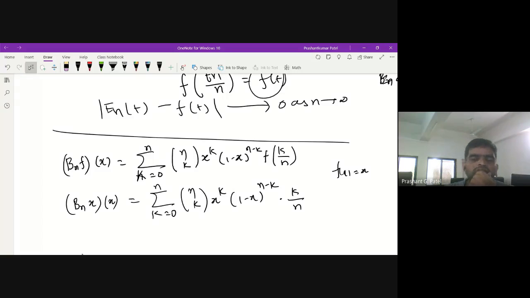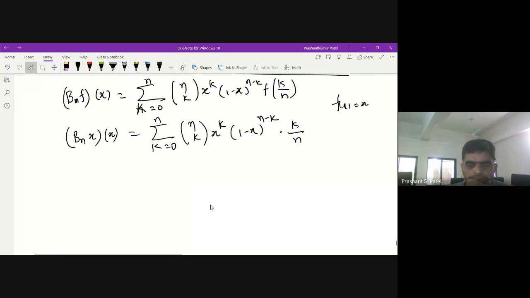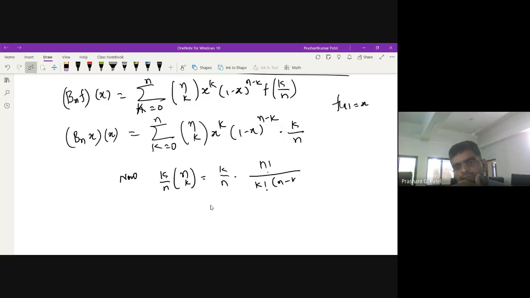Now let us see what is this k by n into nCk. K by n into nCk, as per this, is k by n into n factorial upon k factorial into n minus k factorial.